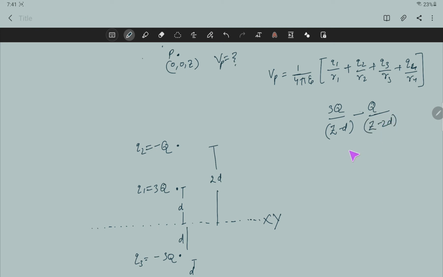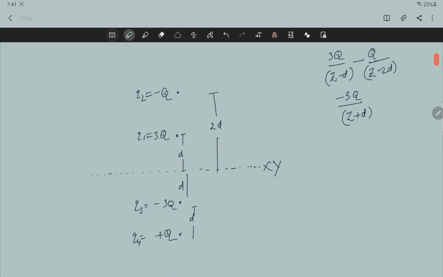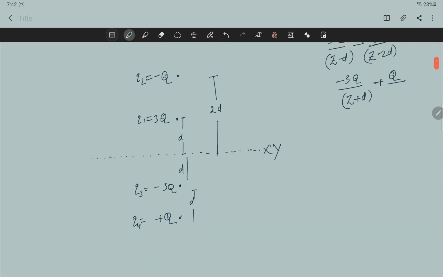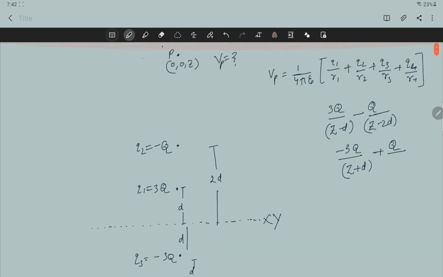Okay, q3 is minus 3q and its distance from the point is z plus d, and q4 is q, so that will be plus q, and its distance will be z plus 2d. So this is the general form of the potential.